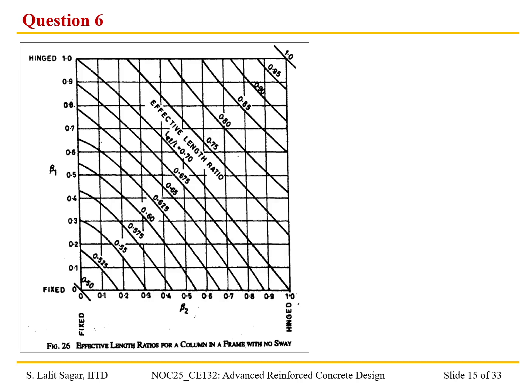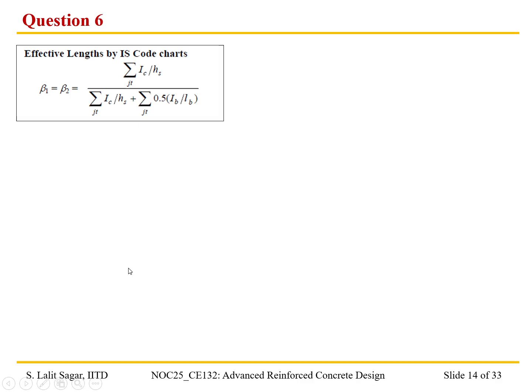You can see that the values of beta 1 and beta 2 are on the y-axis and the x-axis respectively. So let us proceed to calculate the values of beta 1 and beta 2.